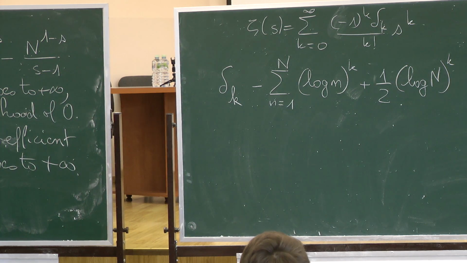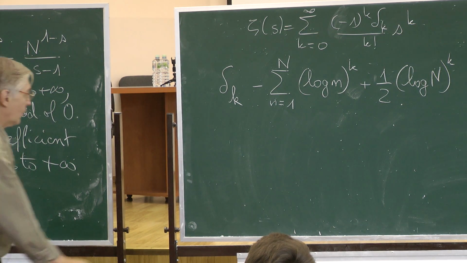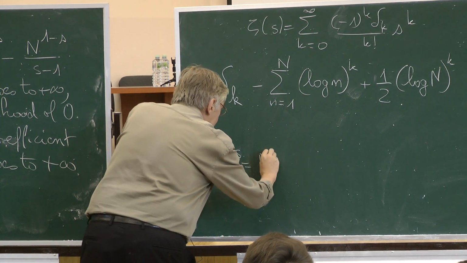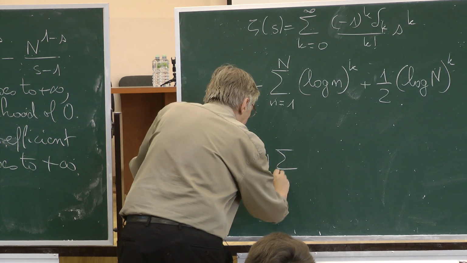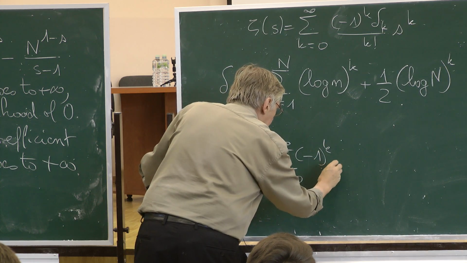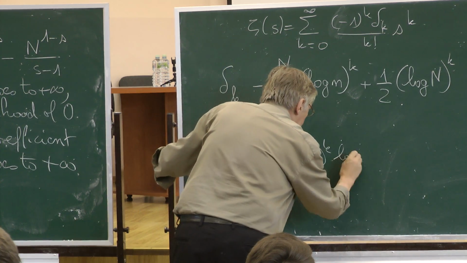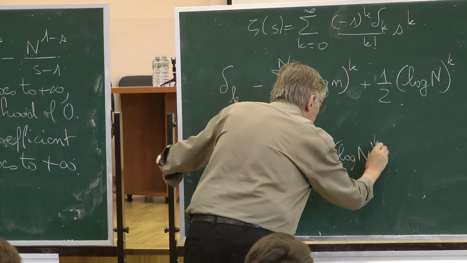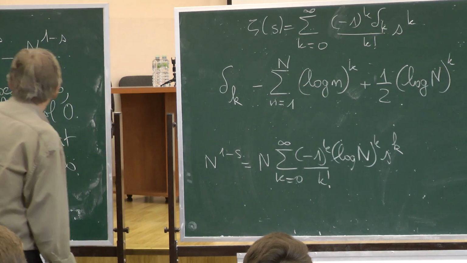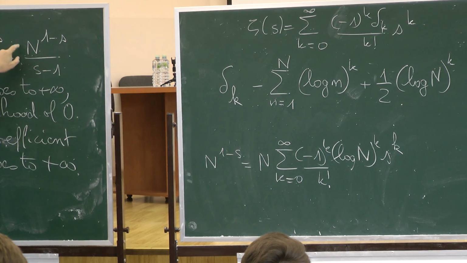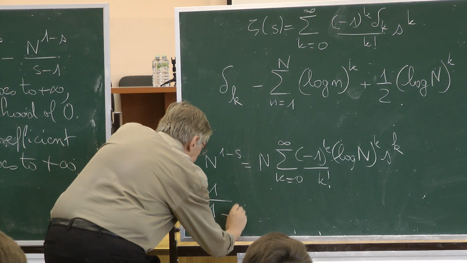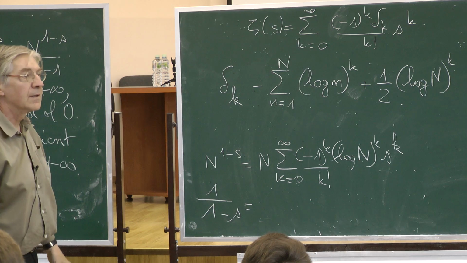So this term is slightly more complicated because the N to the 1 minus s I can very easily expand. It is N times the sum for k going from 0 to infinity of (-1)^k log capital N to the power k s^k divided by k!. But I also have the minus 1 over s minus 1, which is plus 1 over 1 minus s, and I have also to expand this near 0.